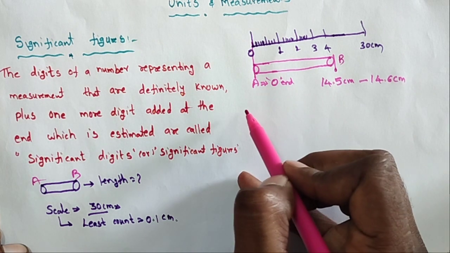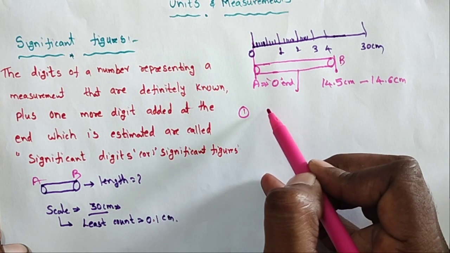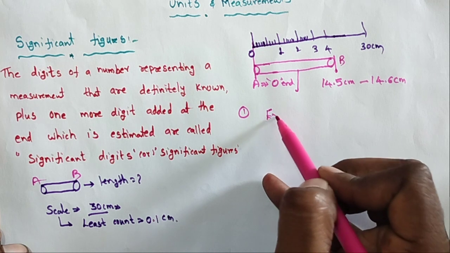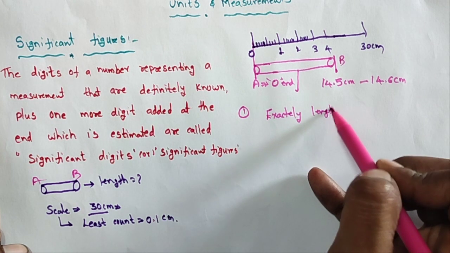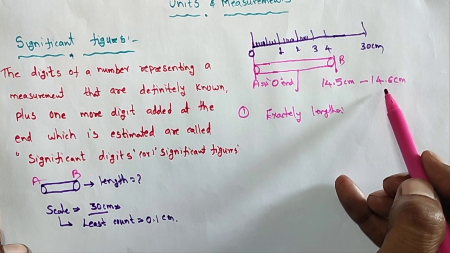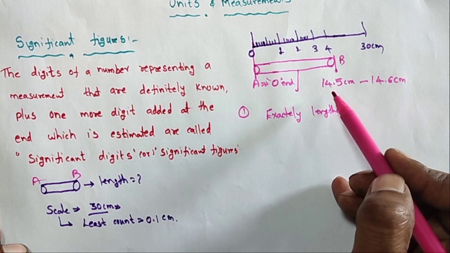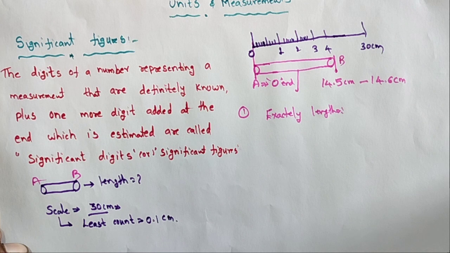So I am asking one question: what is the exact length of this rod? Is it 14.5 or 14.6? It is not 14.5 and it is not 14.6. So what is your observation?